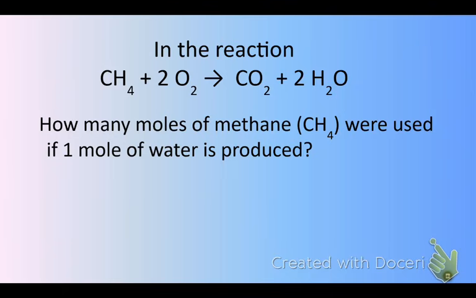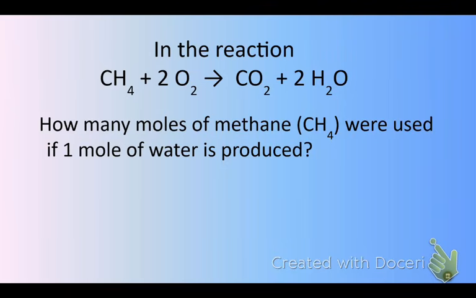In the reaction, 1 mole of methane plus 2 moles of oxygen yields 1 mole of carbon dioxide plus 2 moles of water, how many moles of methane were used if 1 mole of water is produced? I'm going to set this up like every other chemistry problem that we've ever had.